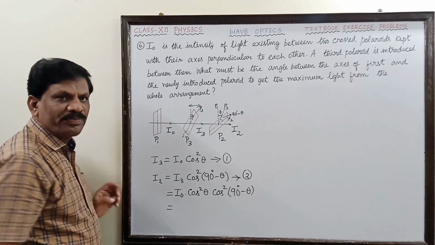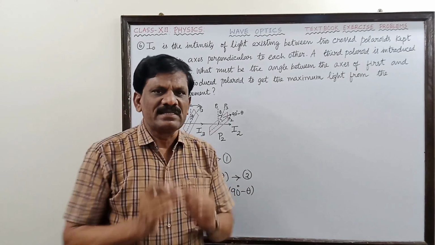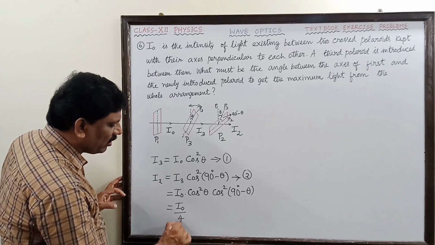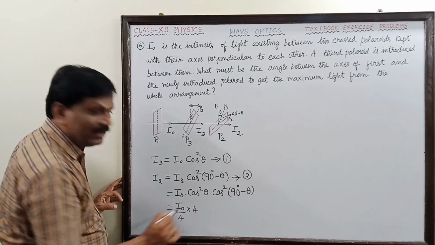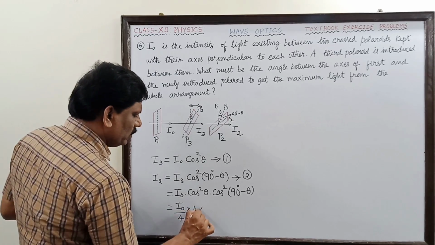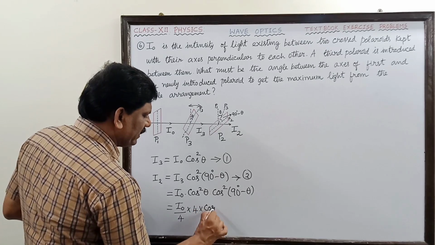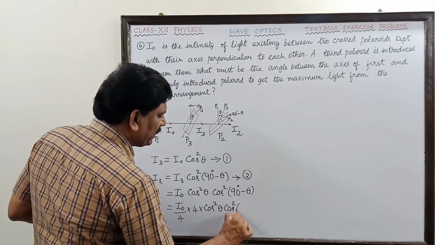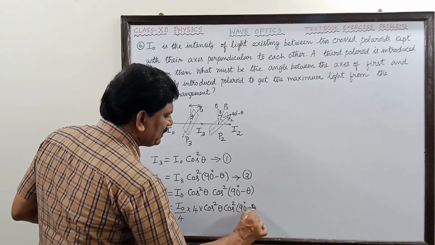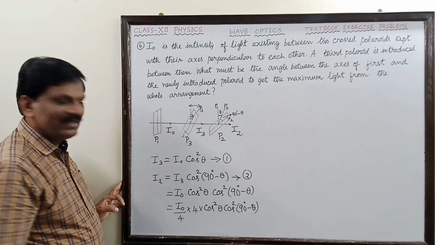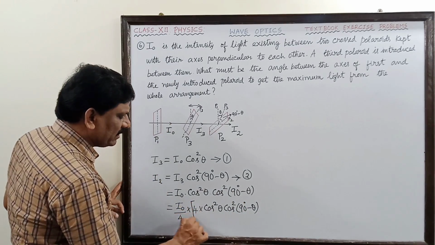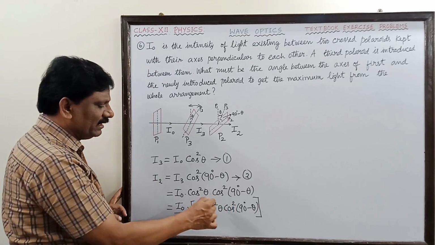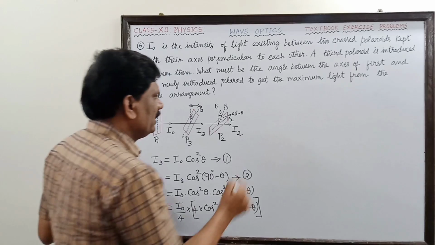Now I am going to adjust the terms. First I divide I0 by 4, and again multiply by 4 into cos square theta into cos square 90 minus theta. Now I rewrite this as a square of a term.